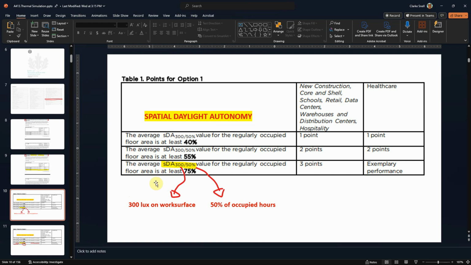The metric itself is 300 lux for 50% of the occupied hours. And if we have that for 75% of the time in an average of the entire occupied space, then we get this credit.